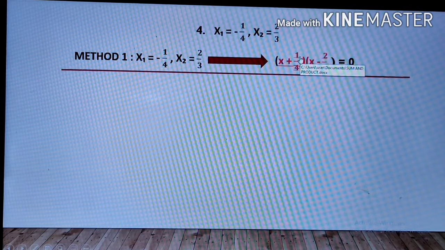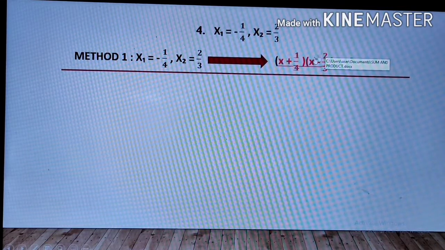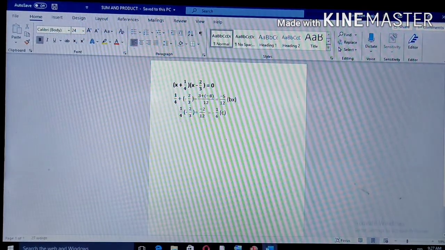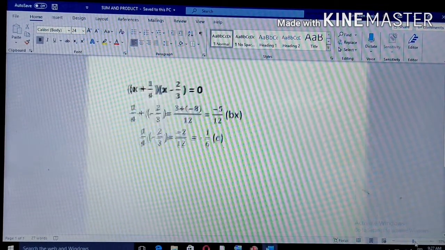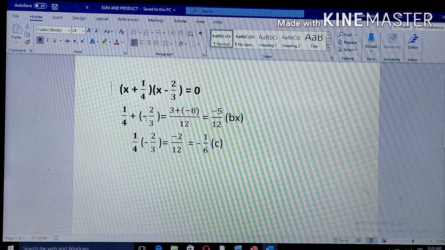Then, find the sum and the product of these roots, positive 1/4 and negative 2/3. So, I'll show you. We add positive 1/4 plus negative 2/3.